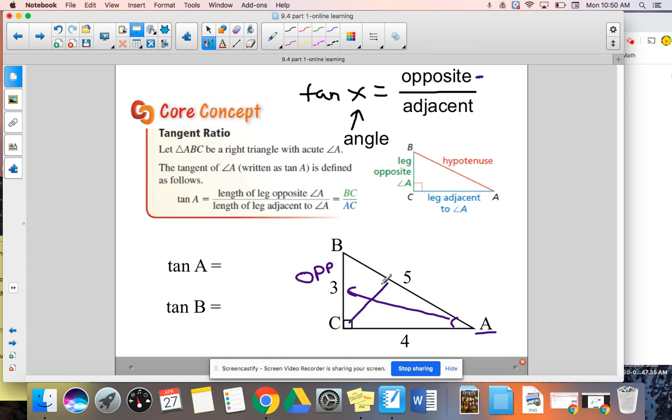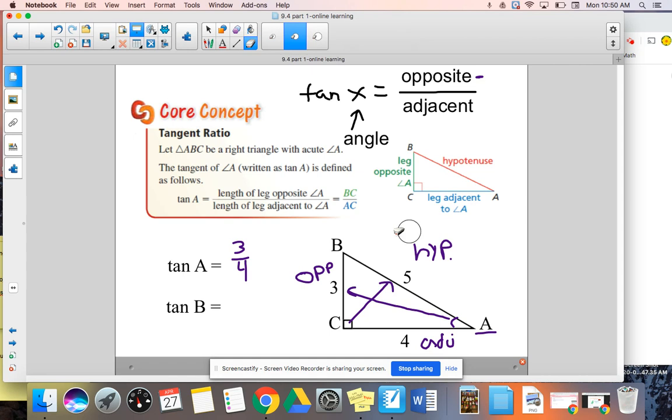Across from the 90-degree angle is your hypotenuse. And then the other one is your adjacent side. It's also right next to the angle that you're looking at. So if I want to write the tangent of A, opposite over adjacent, that would be 3 over 4. And if that fraction could reduce, you'd want to reduce it.